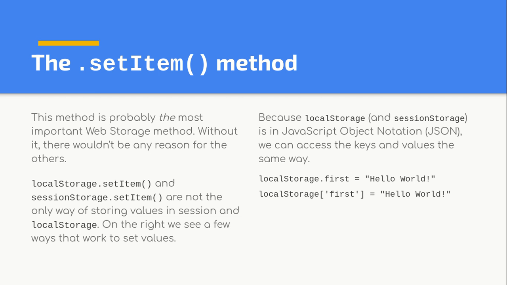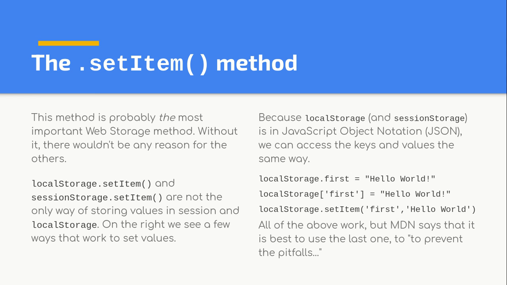and then using the brackets around it. And this would have to be used instead of the first one if you had like a space or a dash in between words. And then the setItem, which we already showed.